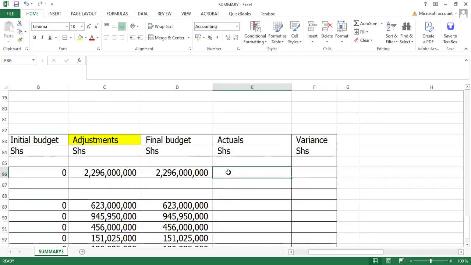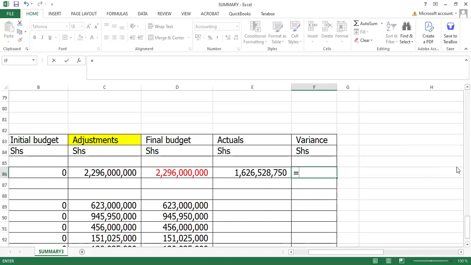So the actual revenue is not this. The actual revenue can't be this. So the one that you are going to recognize as your actual revenue will be 1,162,628,750. It's what you're really going to capture.